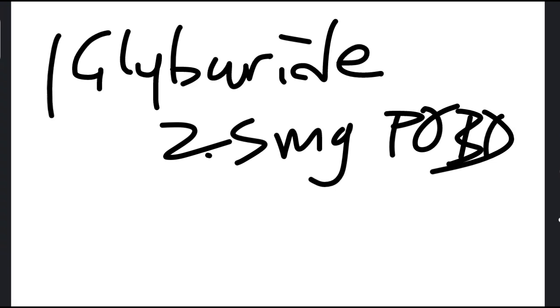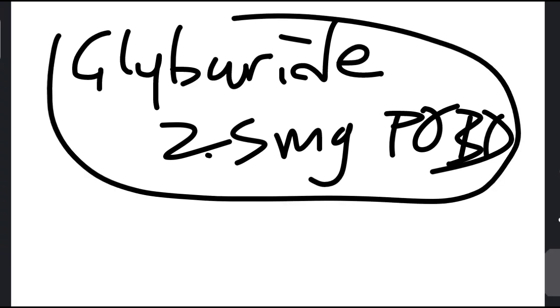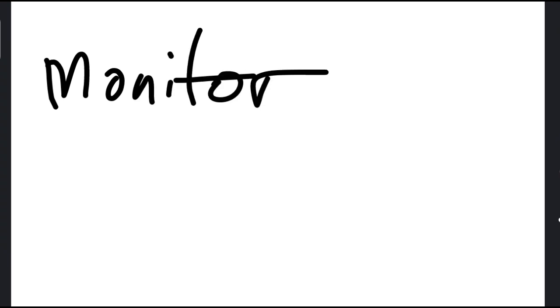And whilst you are doing this, you are constantly monitoring the blood sugar. If they have a way of monitoring it from home, they have to monitor it and log it.